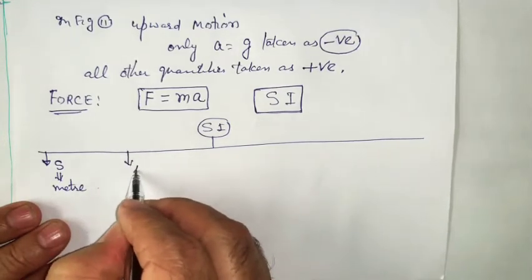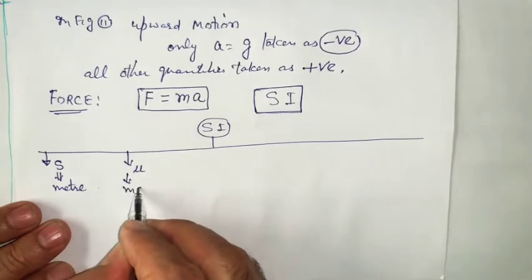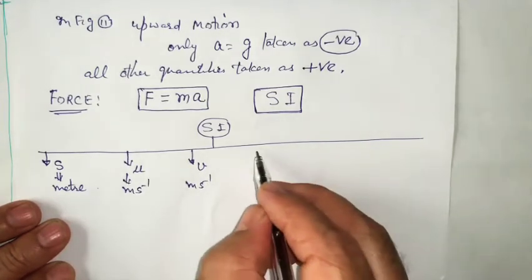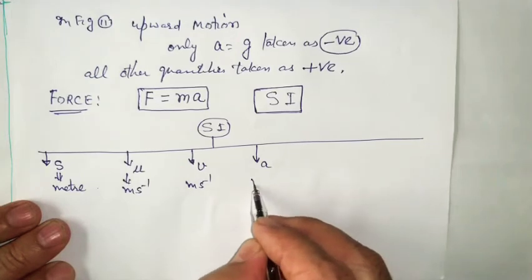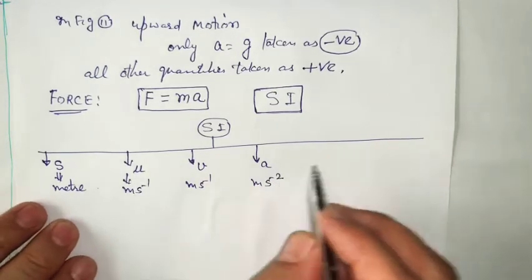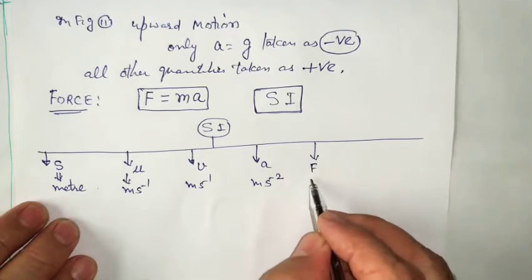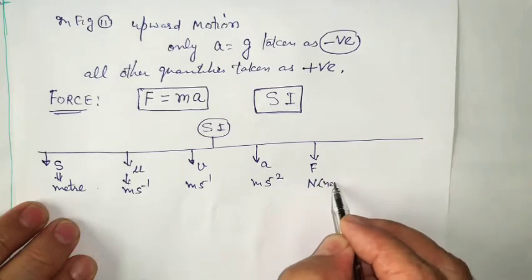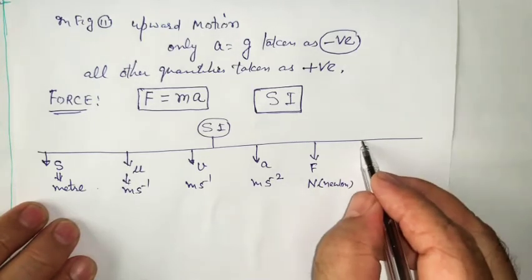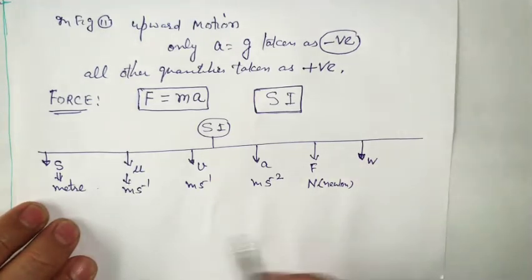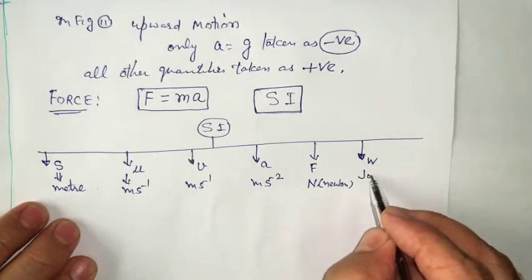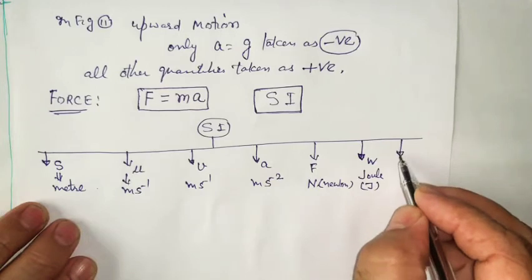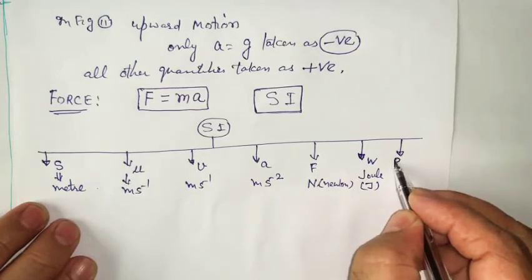You will use u, the initial velocity, in meter per second. v must be in meter per second. a must be in meter per second square. Force must be in Newton. Work is always in joules, denoted by J. Power is in watt.